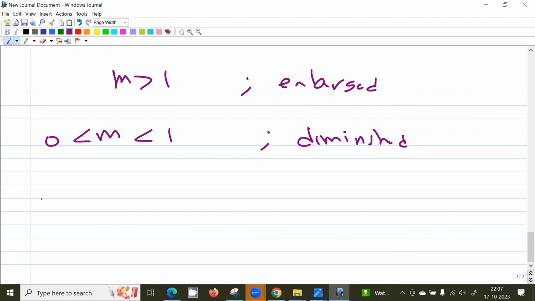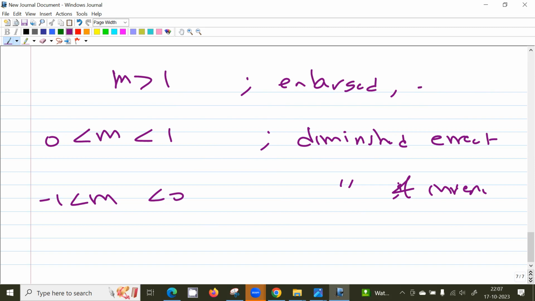Another case is between 0 and -1. So it's diminished and inverted. This is erect. Magnification greater than 1 is enlarged and erect.